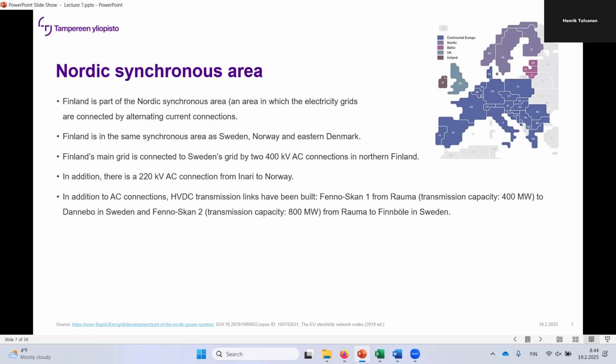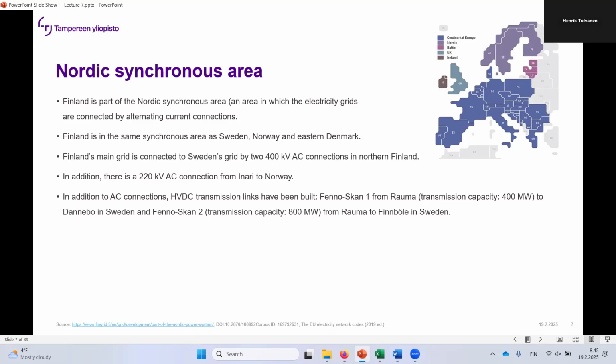There's a certain environment, under the sea, and also a certain line length that has started to favor direct current transmission lines. I don't know if it's a fairly new phenomenon that they are being built to this extent, but at least the undersea cables, for example Fennoskan and Fennoskan 2, are direct current cables.